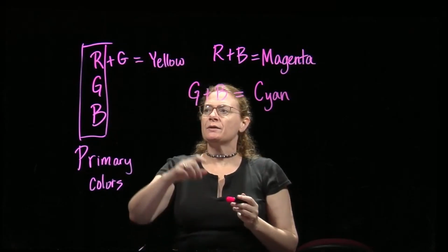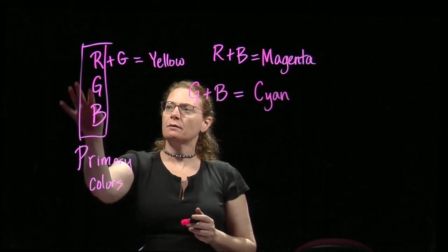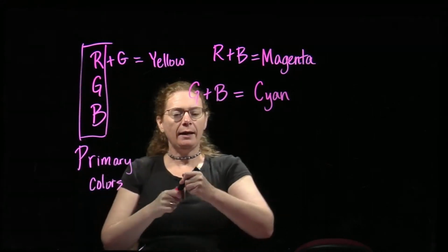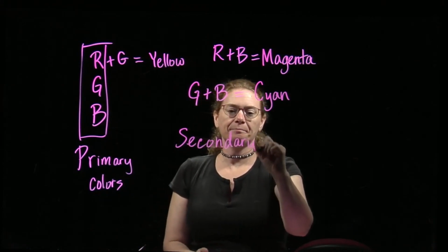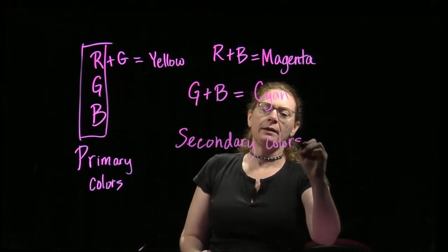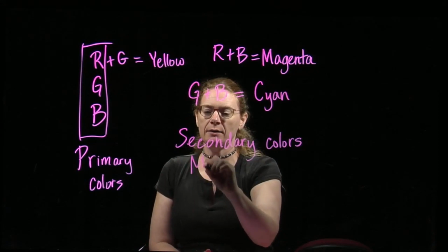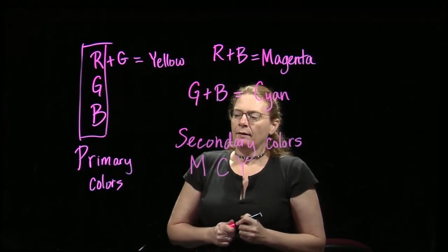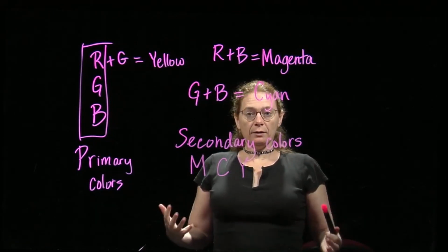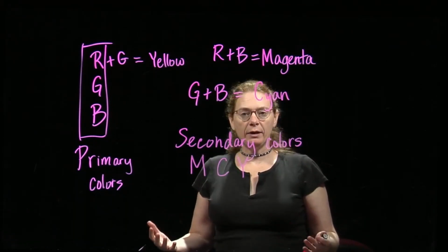And so we start with three primary colors of light: red, green, and blue. And then we end up with our secondary colors. Our secondary colors of light are magenta, cyan, and yellow. All right, so we can have colors of light. Now, how do we get white light?